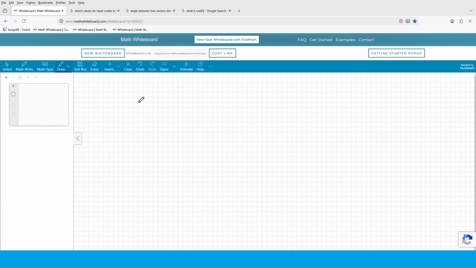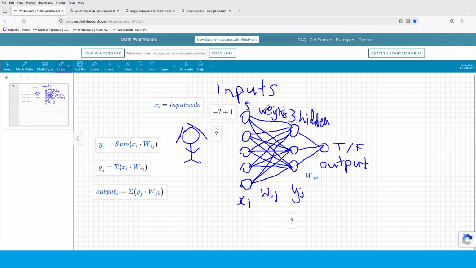All right, so now, if we go back to the earlier whiteboard, in here, Yj equals the dot product of xi times Wij.